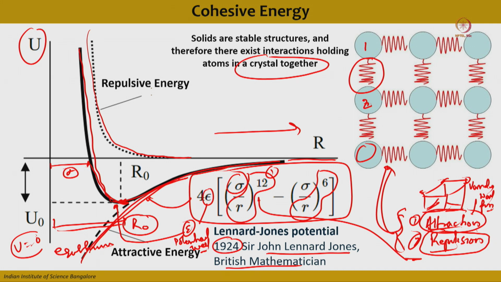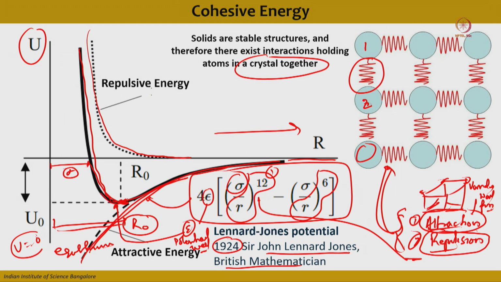Fine. So now you understood this equation, where this is the resultant potential energy curve, which shows the distance that is maintained between the two atoms at the lowest potential energy state.